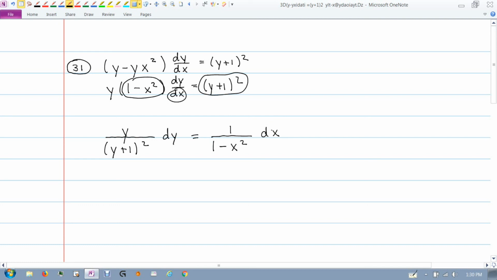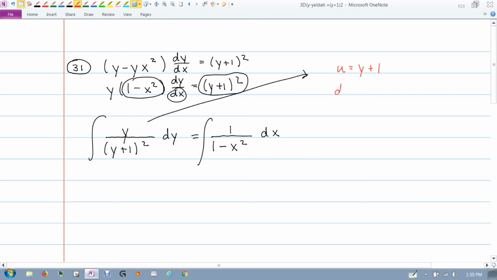Now, I have to integrate, and I might start resorting to some formulas here if this looks like it's going to become kind of a nightmare of too much work, I think. So this integration on the left, we should be able to do this with a basic u sub. Let me try this. U equals y plus 1.